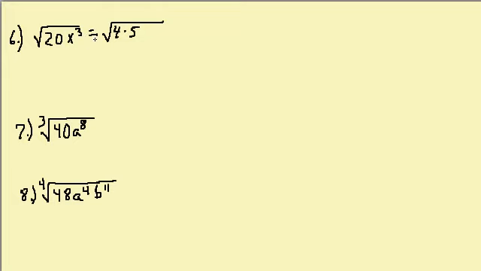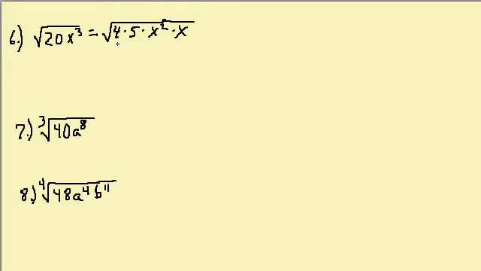And x cubed is not a perfect square because 2 does not go into 3 evenly. But x cubed can be written as x squared times x. Because remember, when we multiply, we add exponents. So x squared times x would be x to the third.